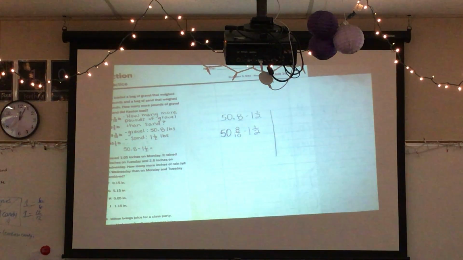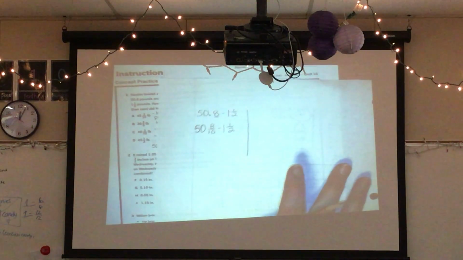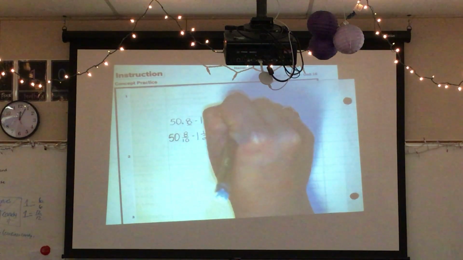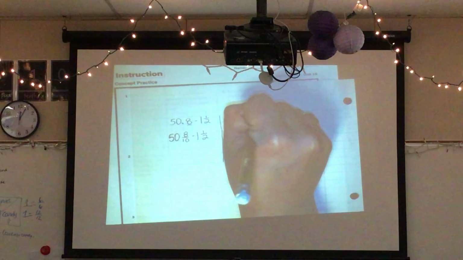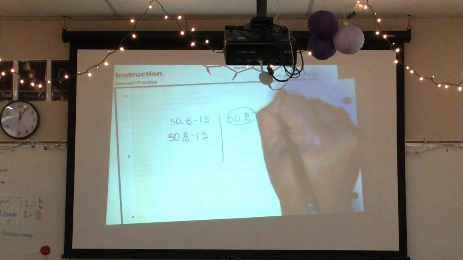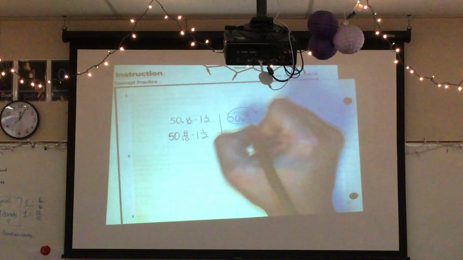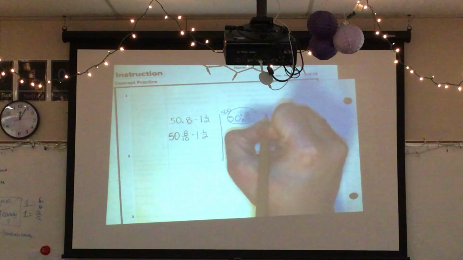Can I do that problem now? Yes, because they're both in fractions, but what do I need to do now? You need to make a common denominator. What would be my first step? Turn the mixed number into an improper fraction. 10 times 50 is 500. 500 plus 8 is 508.